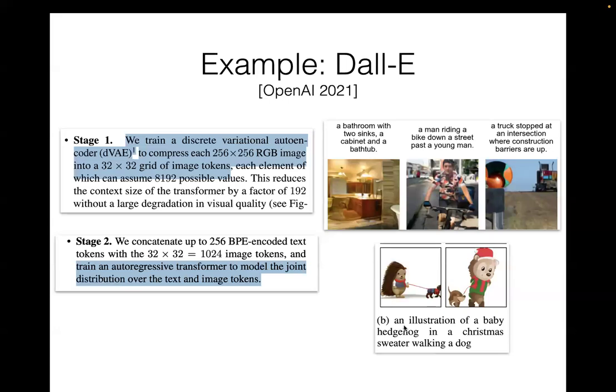And I actually picked the good examples. They had some failure cases too. So here's an illustration of a baby hedgehog in a Christmas sweater walking a dog. I think in the failure case, the dog was also a hedgehog, stuff like that. And if you look at the details, they're kind of crazy. It's roughly getting at the idea, but it's definitely far from perfect.